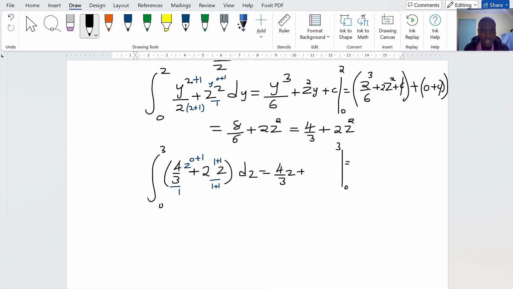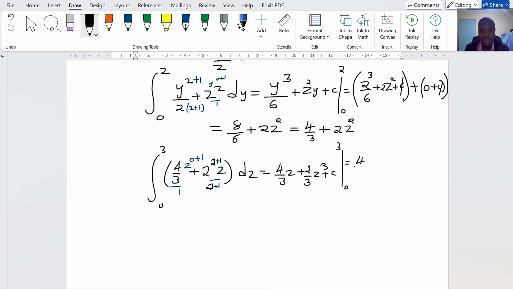So for z, then this one will be z already is power 2, so it is power 2, then power 2. So I'm going to have 4 over 3 plus z power 3. So I'm going to have 2 over 3 z cubed plus c.